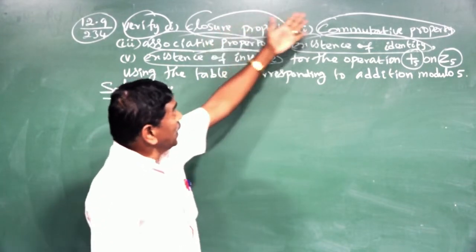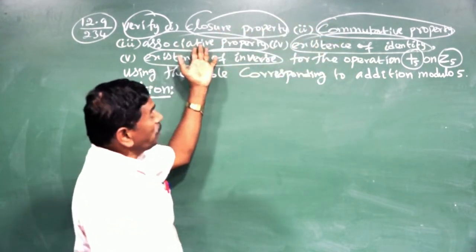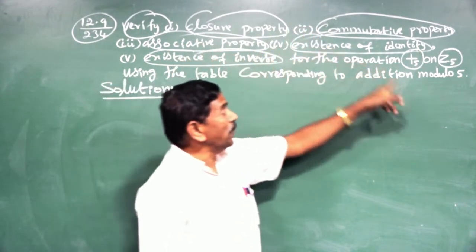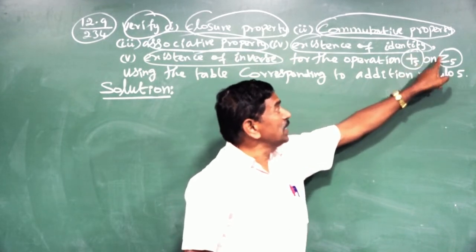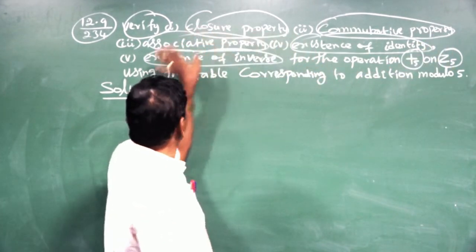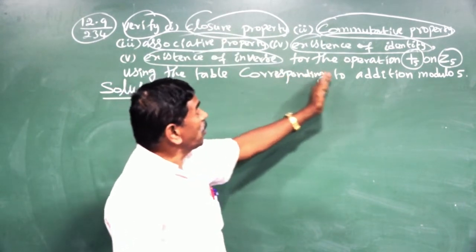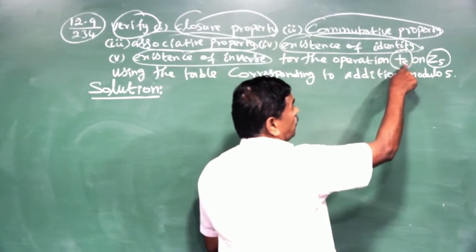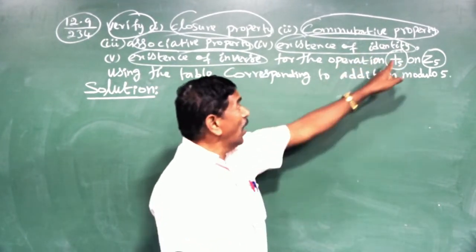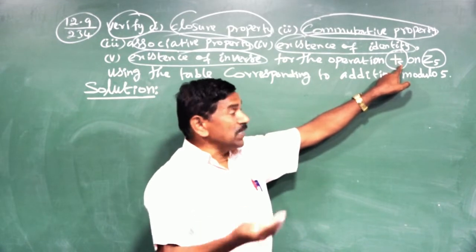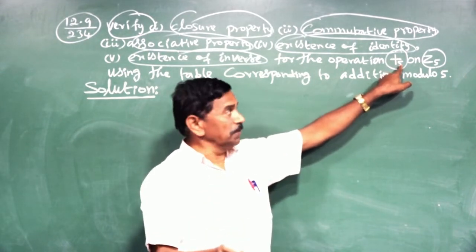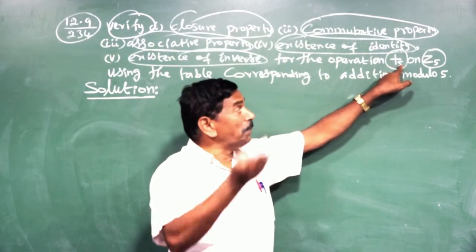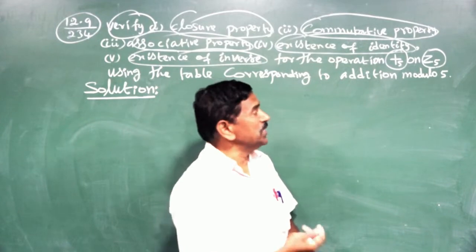Using the table corresponding to addition modulo 5. Here the operation is addition modulo 5. Addition modulo 5 means if your answer is less than 5, the answer is itself. Sometimes your answer is 5 or more than 5, then subtract 5 and the multiples of 5. So which is the concept.